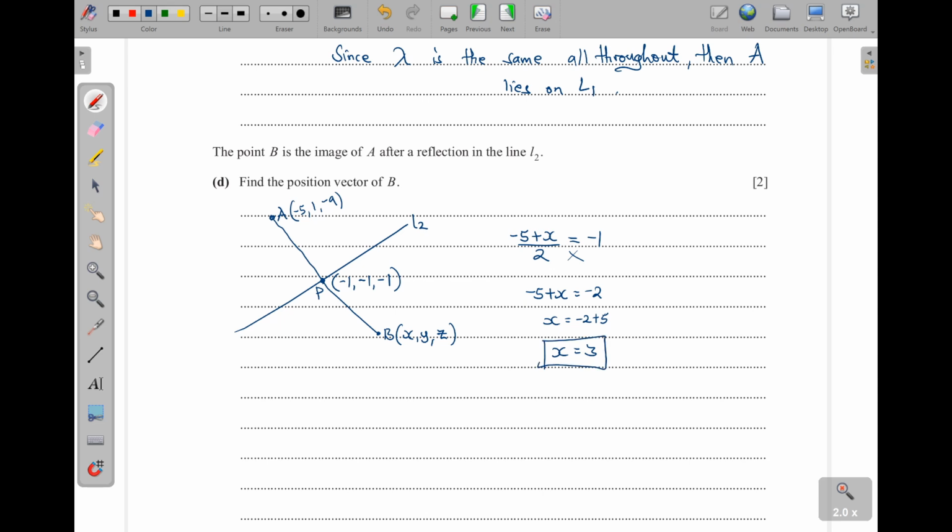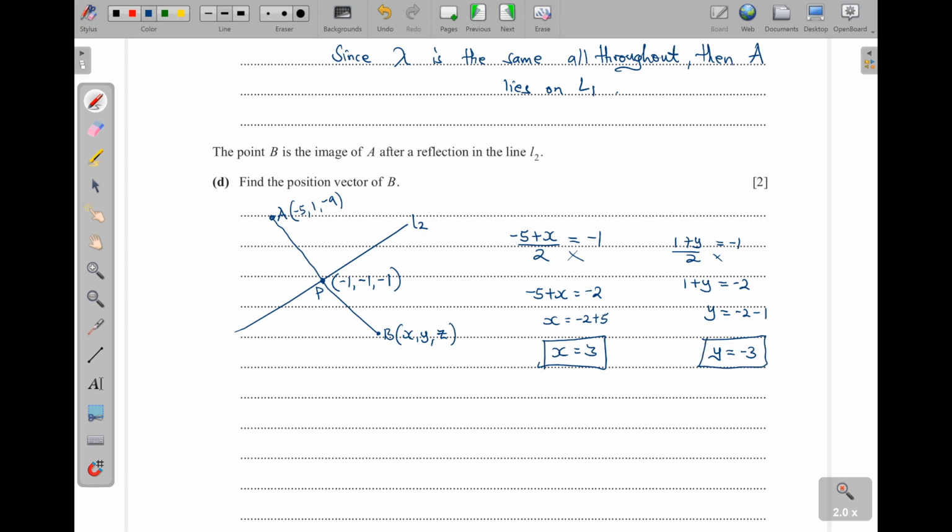How about the y coordinate? We shall get 1, which is here, plus y, we divide by 2, then we equate to -1. So (1 plus y) over 2 is equal to -1. Cross multiply. 1 plus y is equal to -2, and therefore y is equal to -2 minus 1. So y becomes -3.